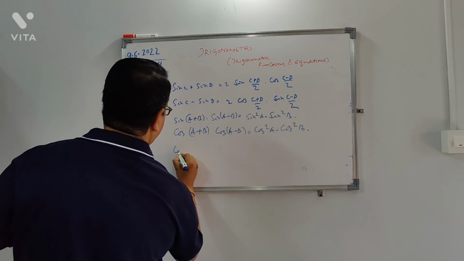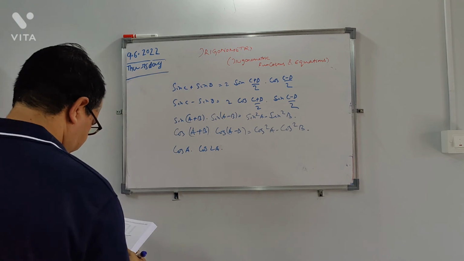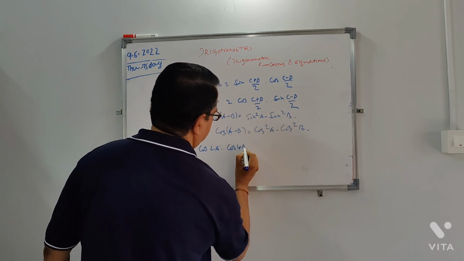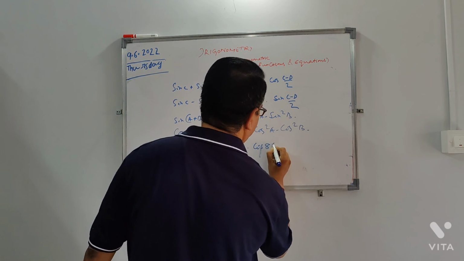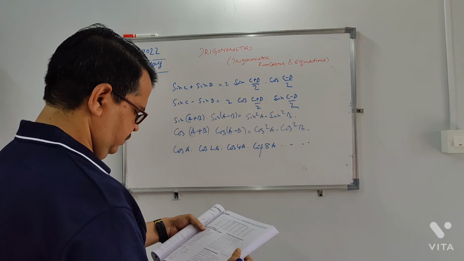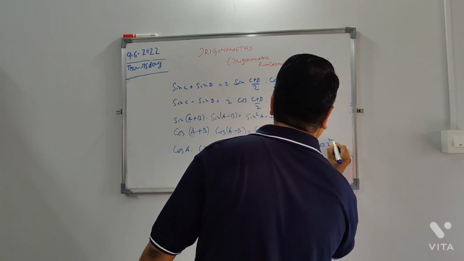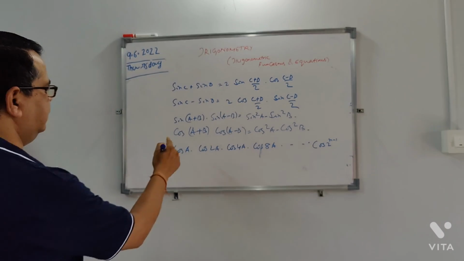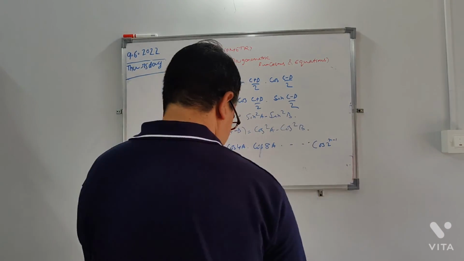Cos A into cos 2A into cos 4A into cos 8A, and if you go on like this until cos 2 to the power n minus 1 A. It starts from 2 to the power 0 and goes till 2 to the power n minus 1.